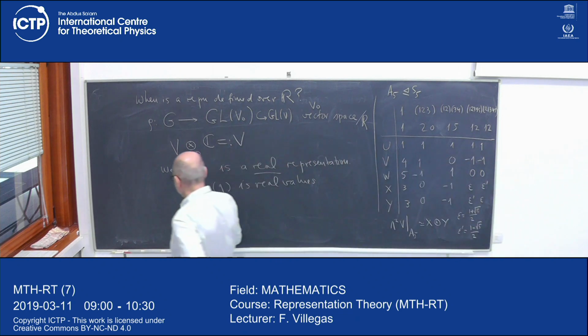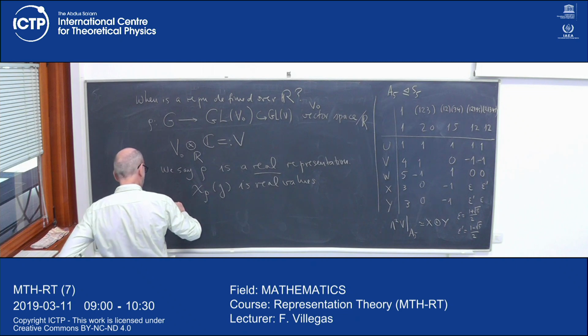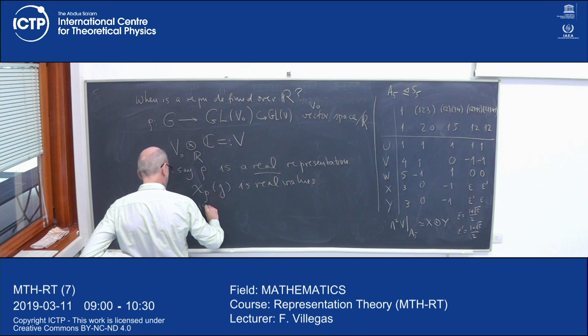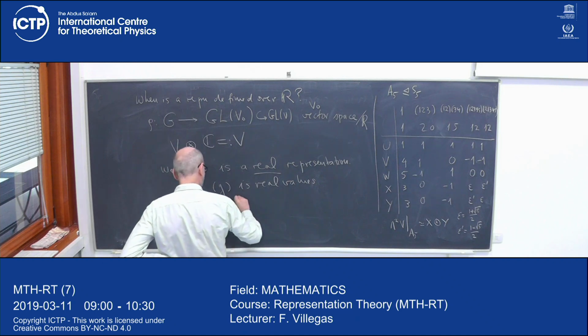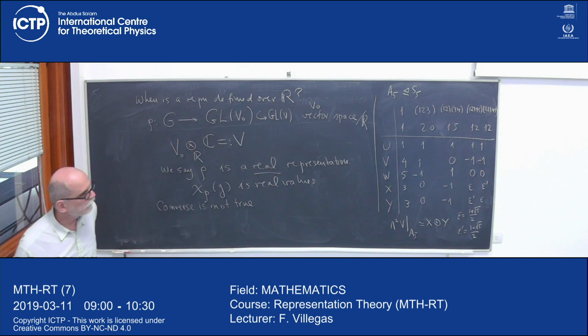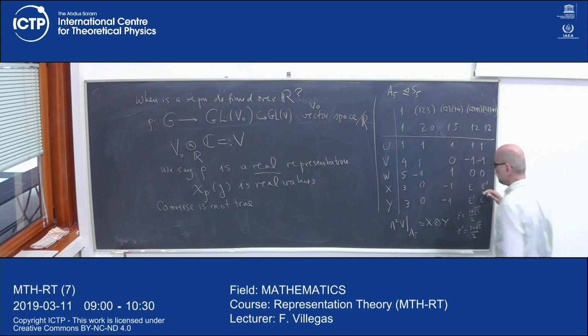And what complicates things a little bit is that the converse of this is not true. So if a character has real values like these two here, a priori we don't know if they actually can be realized as matrices that have real entries.